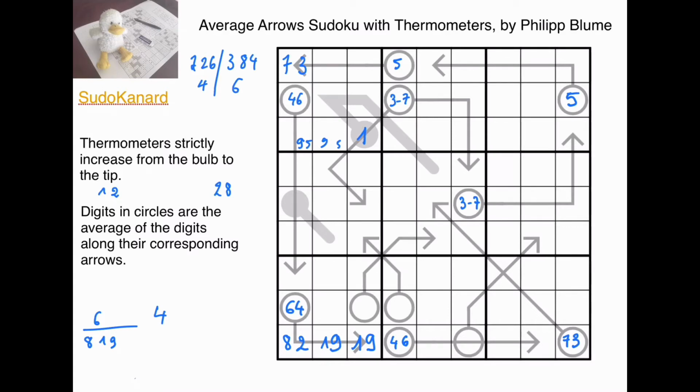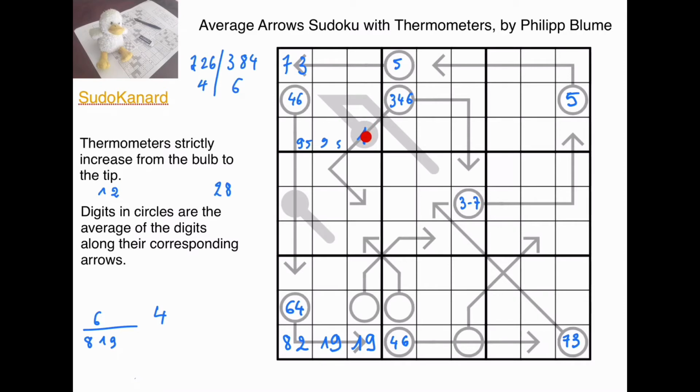Now I guess that 7 is not an option, because now the maximum value for those three cells, the maximum sum is 18. So the maximum value here is 6. And 5 is not an option. So let's say 3, 4, or 6.